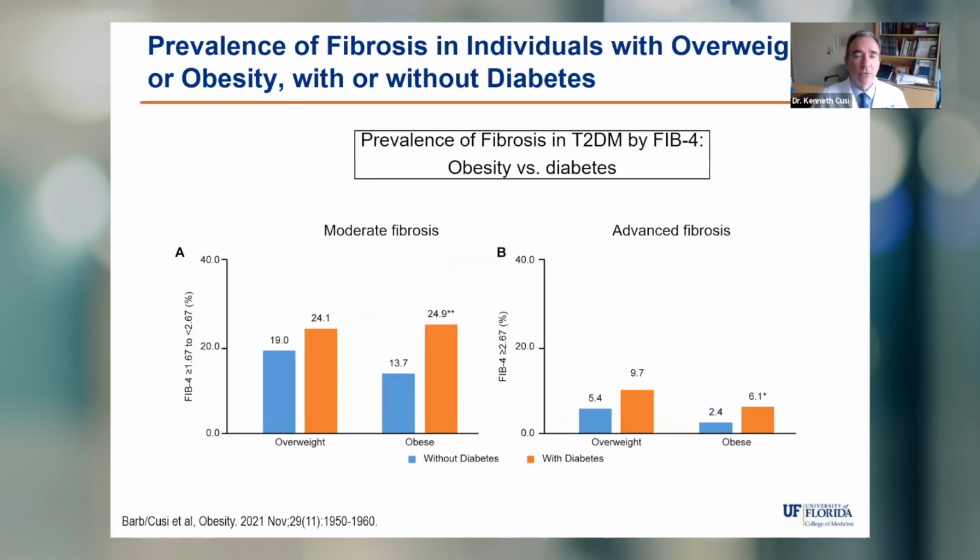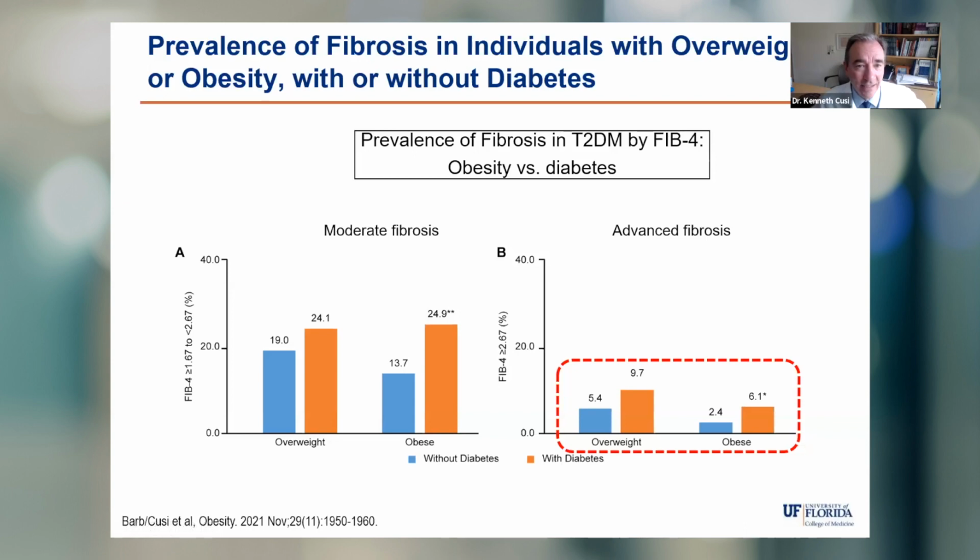Now, when you look at the rates of fibrosis, again, people with diabetes have a higher rate, and this is by a FIB4 cutoff of greater than 1.67, which tries to capture more people with F2. But if you look at the traditional cutoff of 2.67, again, people with diabetes have a 2 or 3-fold higher rate.